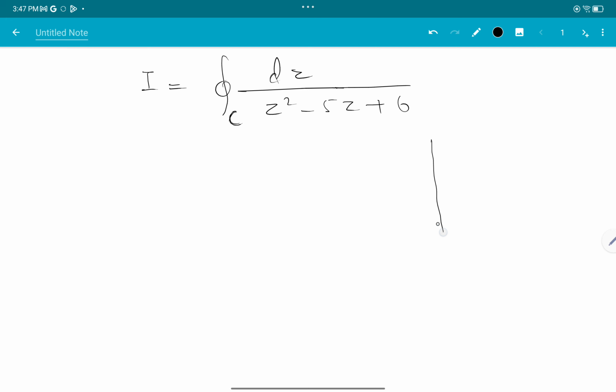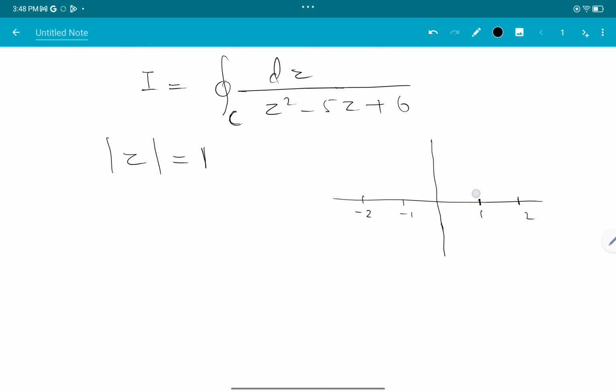That means if you have this as the complex plane and you have 1 here, this is 2, and minus 1, minus 2, the path C is a circular path centered at the origin, and the radius of the circle is 1.